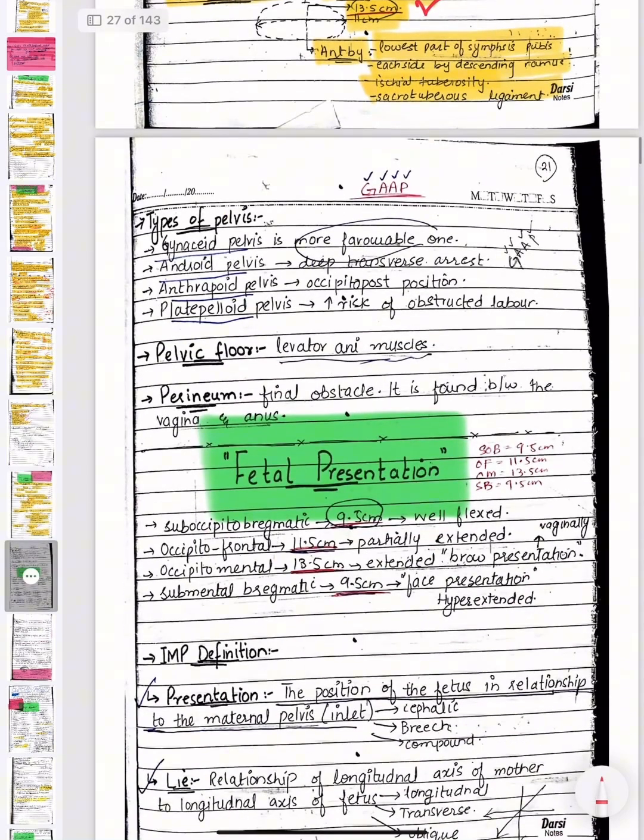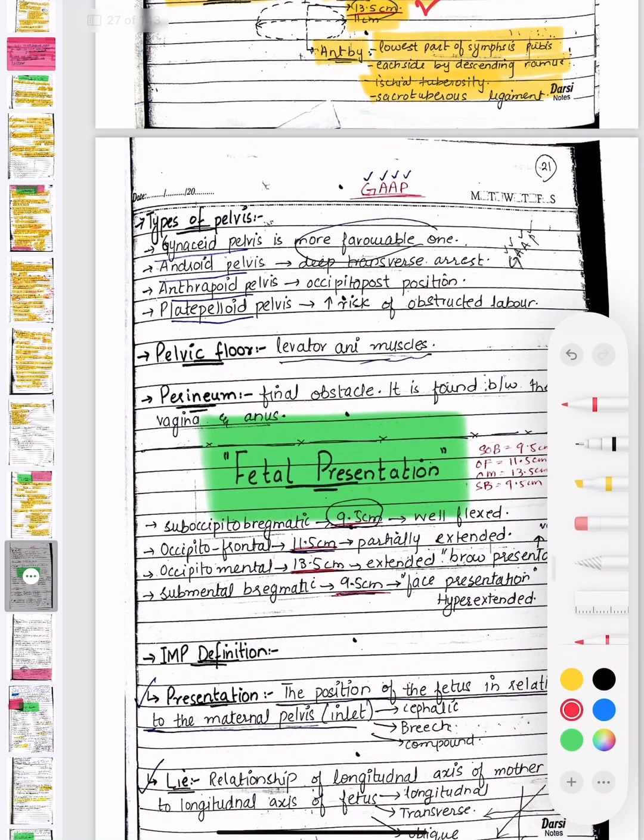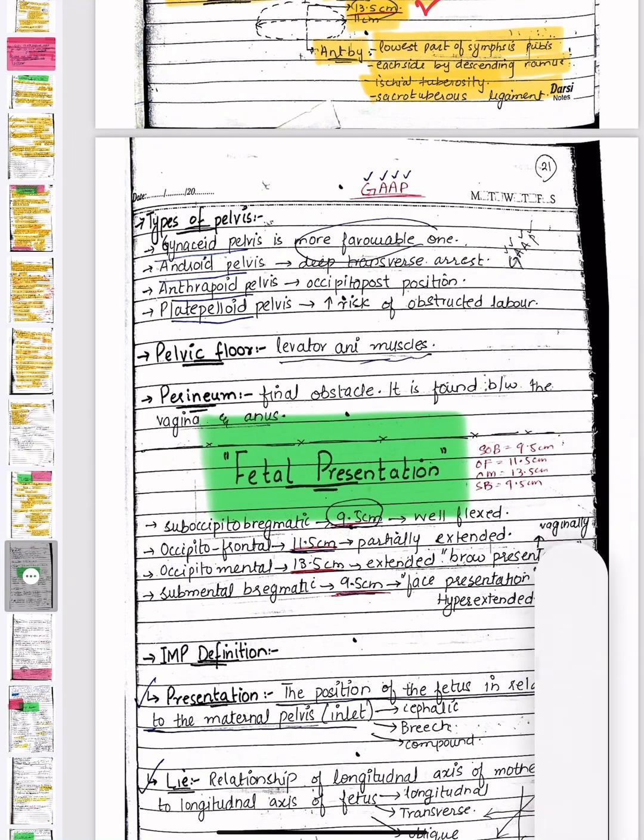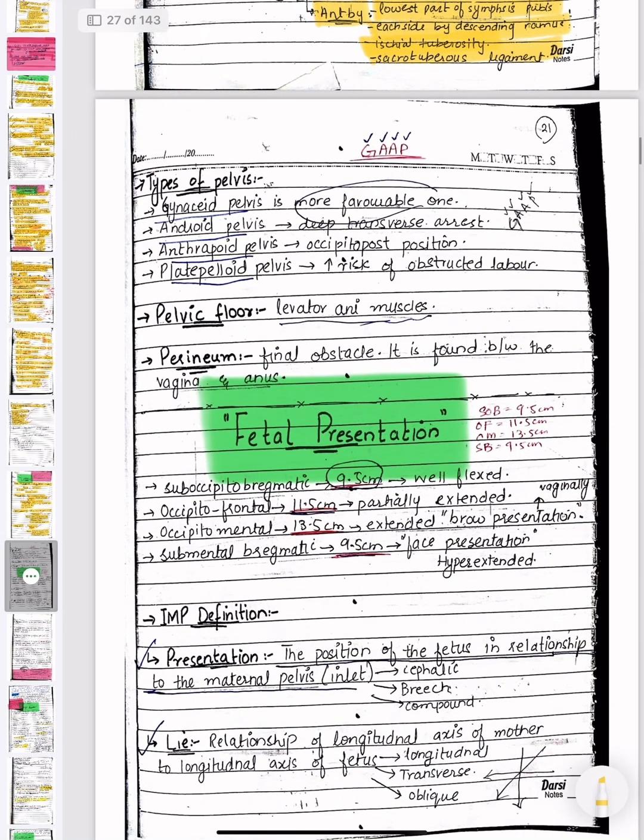Okay, now the types of pelvis. We have four types of pelvis: gynecoid, android, anthropoid, and platypelloid.